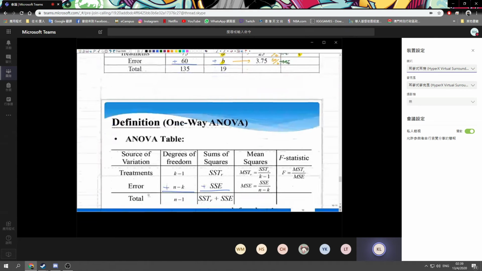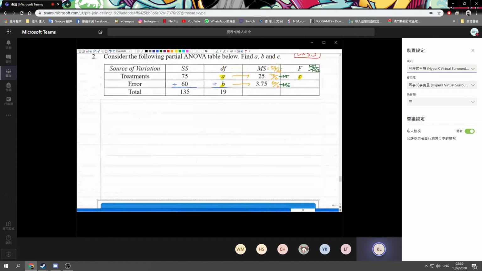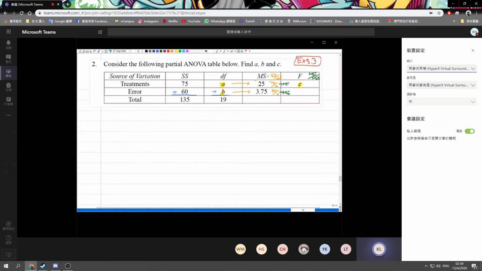Okay. Now let's do this one here. So what is A? A is the degrees of freedom. Sorry, the other way.